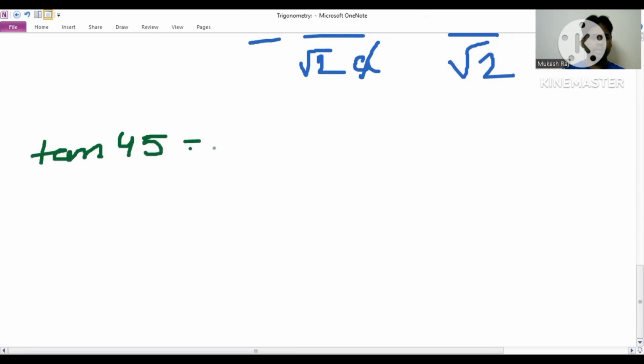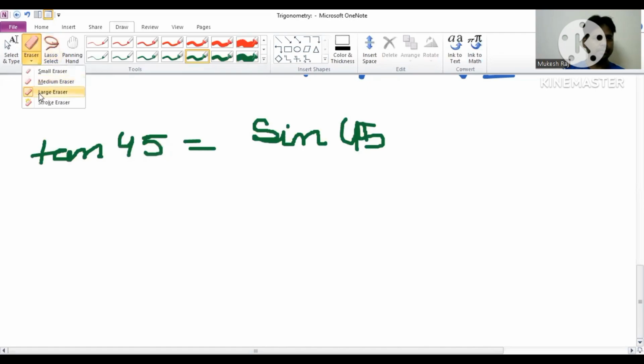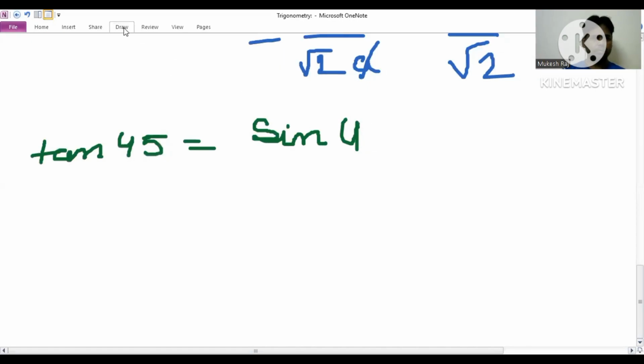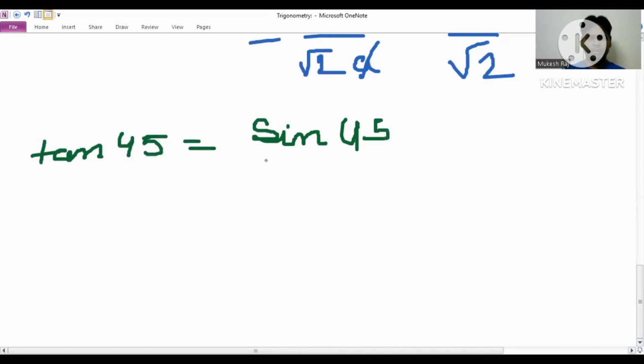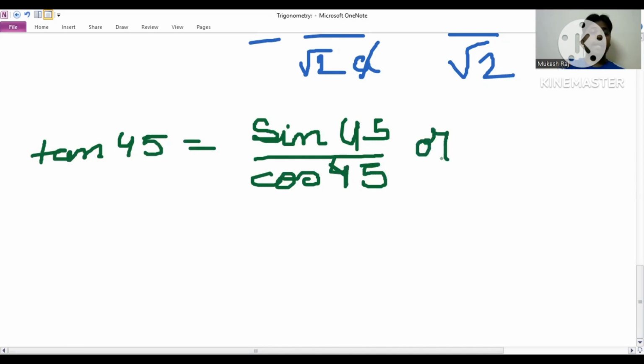This tan 45 degree can be represented symbolically as sine 45 upon cos 45, or it is also equated as opposite by adjacent.